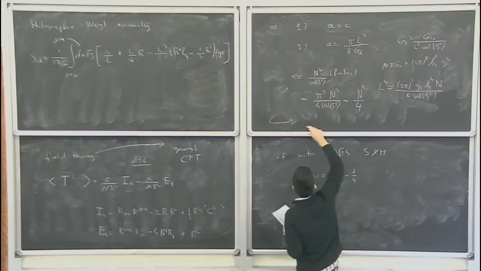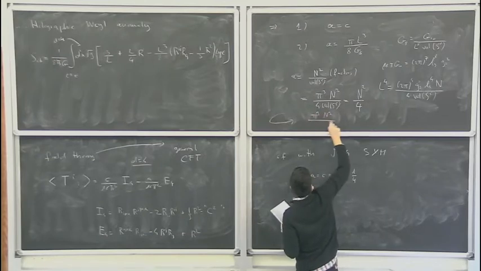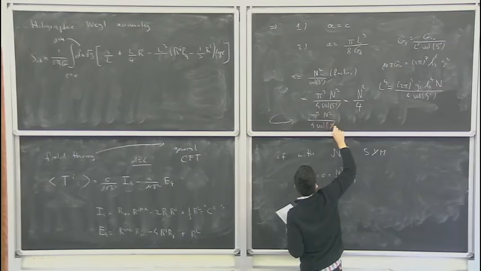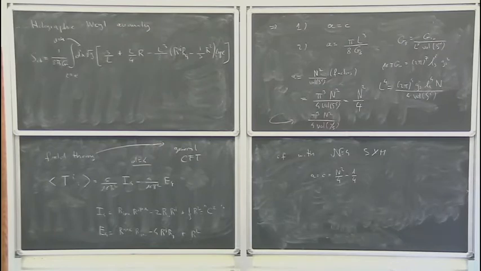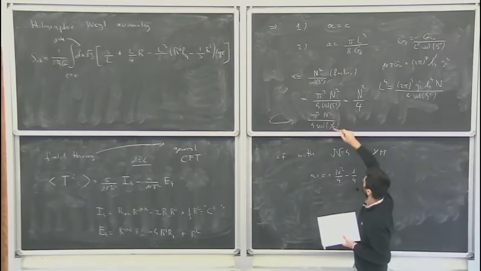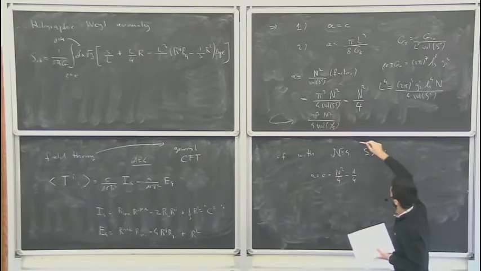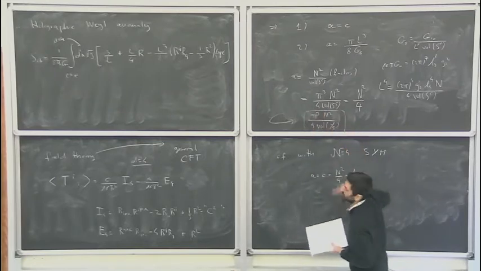So the result would be just pi cubed N squared divided by the volume of whatever manifold replaces S5. Okay. So tomorrow I'm planning to talk, depending on how much time remains, a little bit about replacing S5 with some other manifolds, and we can anticipate that that would be the formula for a and c.